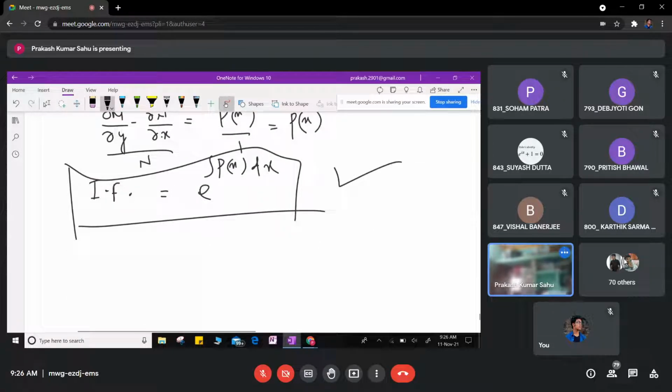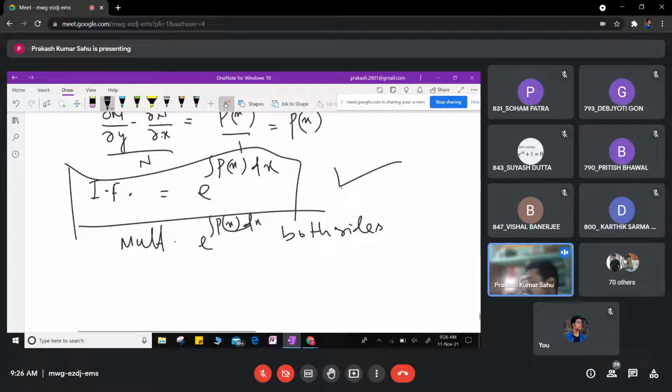Let us multiply this integrating factor on both sides of this equation.